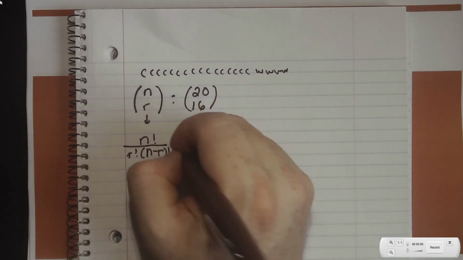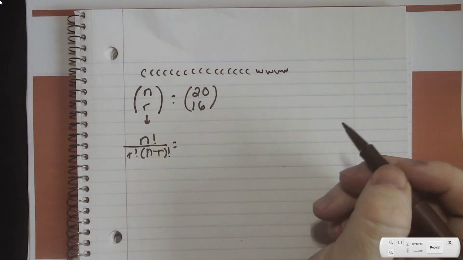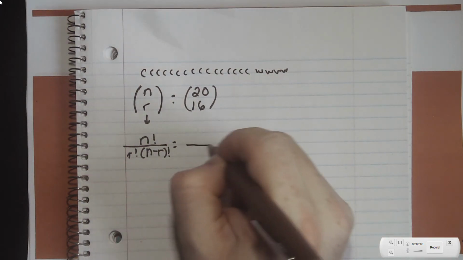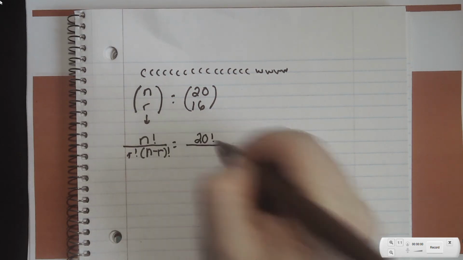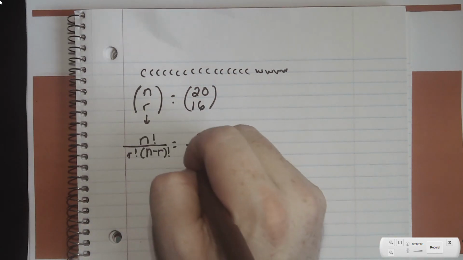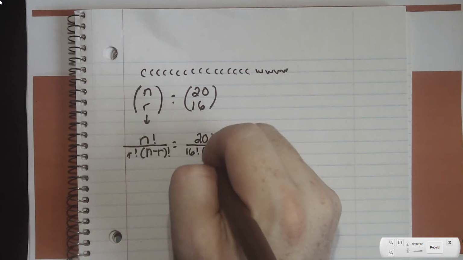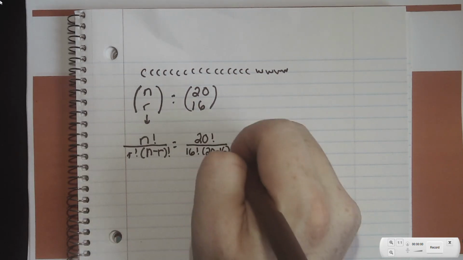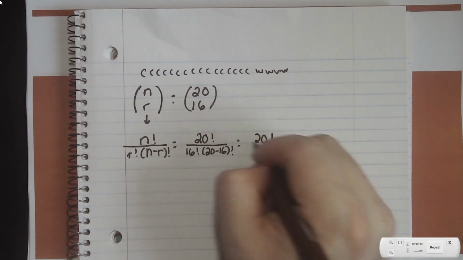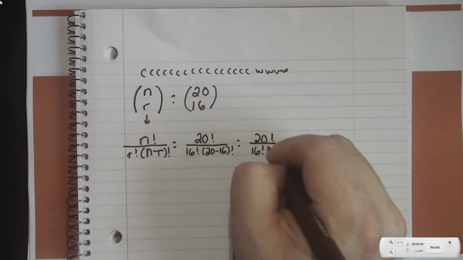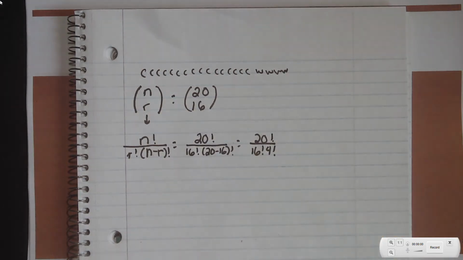Okay, so what we're going to get is what's called a factorial. So it's going to be 20 factorial over 16 factorial times 20 minus 16 factorial, which translates into 20 factorial over 16 factorial times 4 factorial.